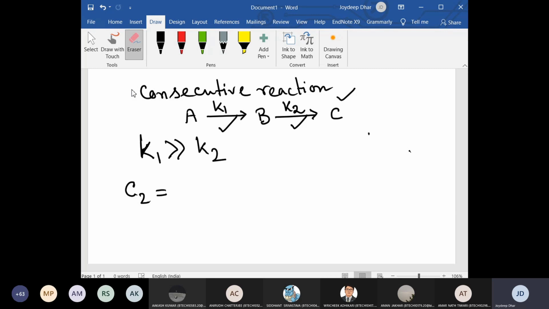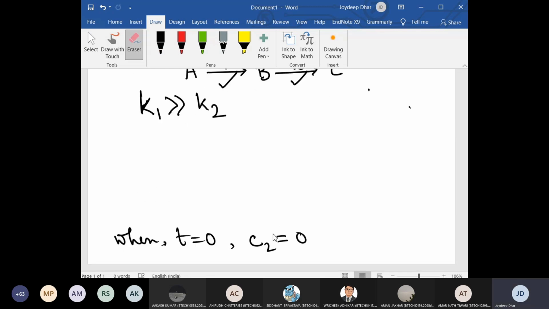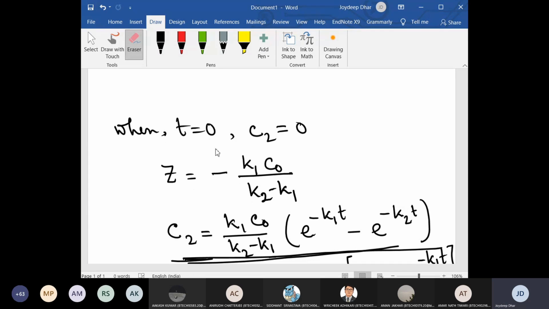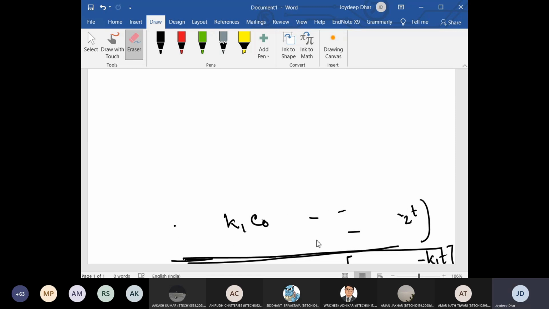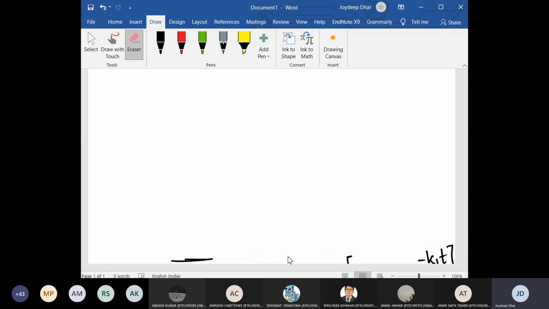Now the most important thing, you have to plot. How you can represent all the three components presented in the same graph with respect to time.